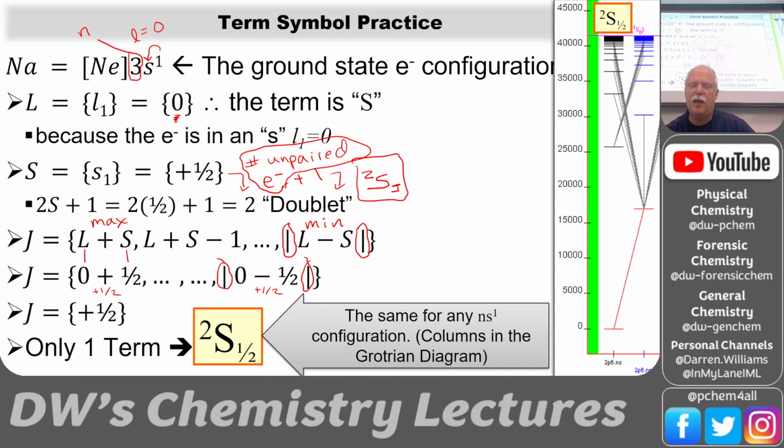Okay, what about this column over here? What if we move that electron over here to the first available p orbital for sodium? First of all, what's the sodium valence electron? It's 3s1. So what's the first available p orbital?